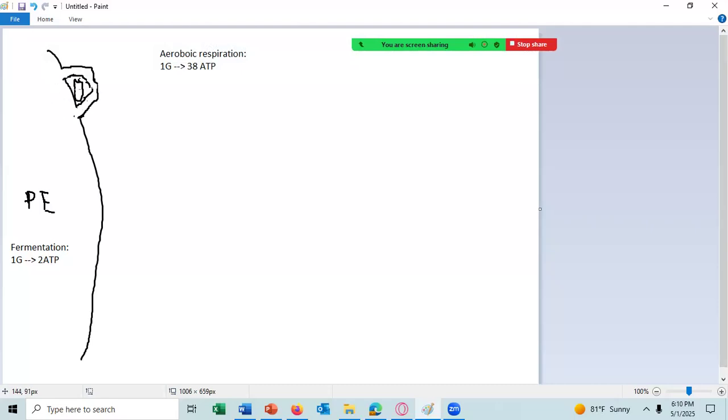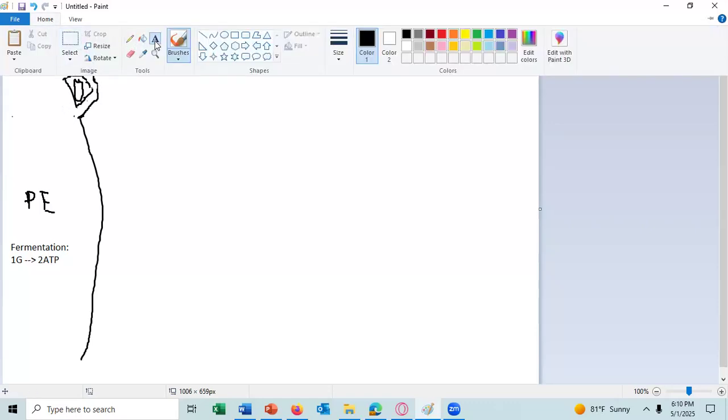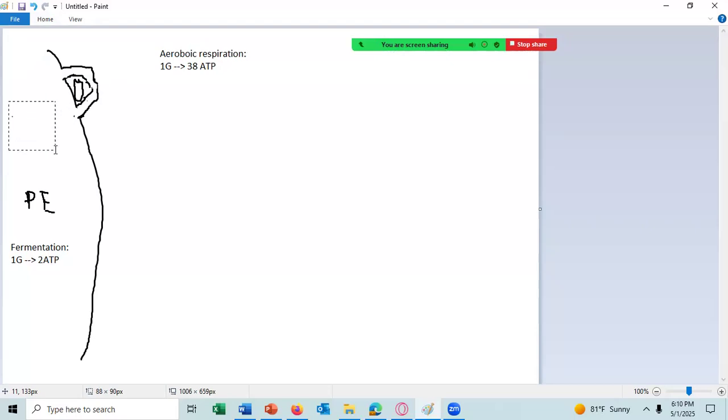right away. And just by diffusion, some of the glucose from the proto-eukaryote, one glucose moved from the proto-eukaryote into the bacteria. And then the bacteria perform aerobic respiration, making 38 ATP, and for whatever reason, shared some of that ATP with the proto-eukaryote.